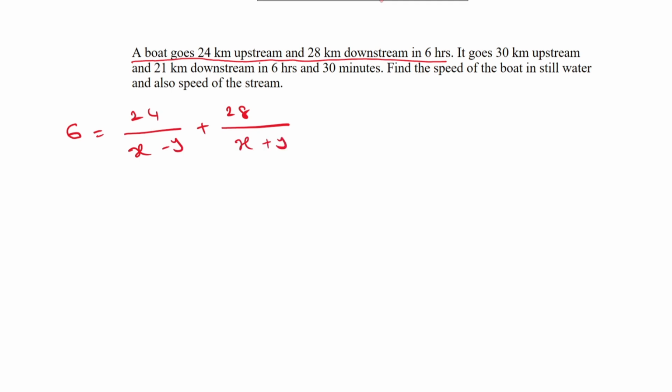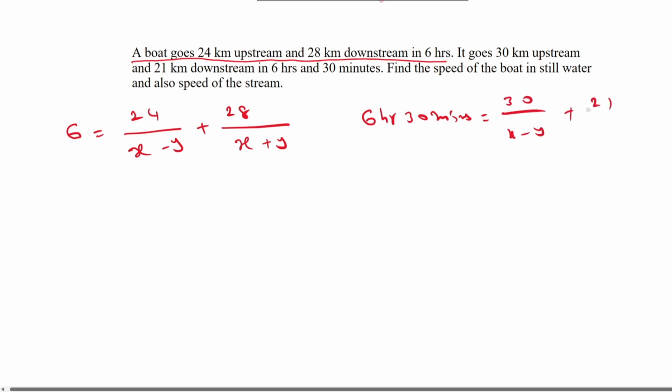Next, it goes 30 km upstream and 21 km downstream in 6 hours and 30 minutes. So 6 hours 30 minutes equals 30 km upstream, 30 by x minus y, plus 21 km downstream, 21 by x plus y.